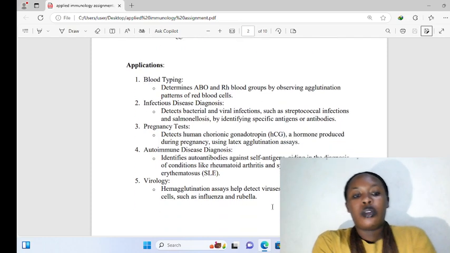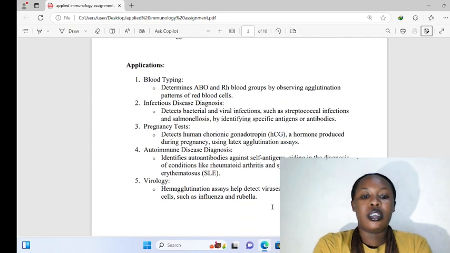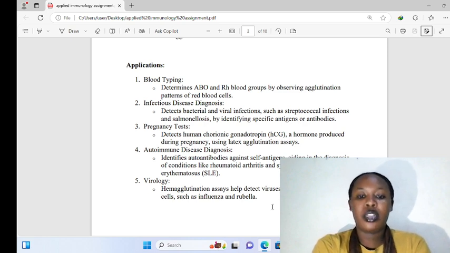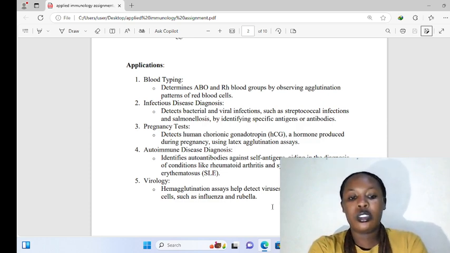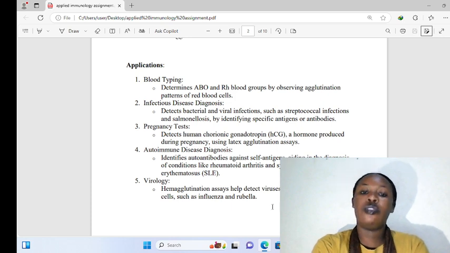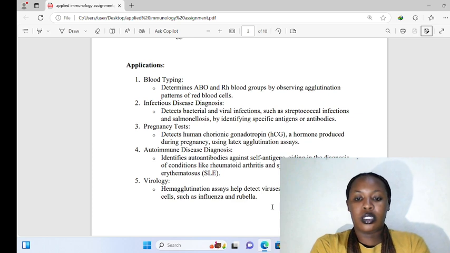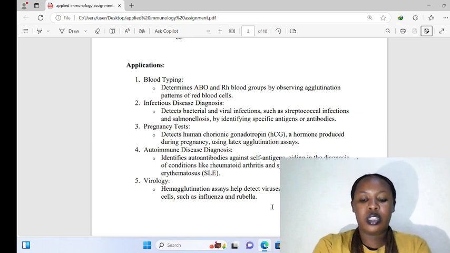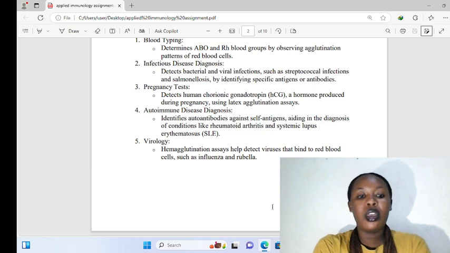So agglutination is applied in blood grouping like ABO and Rhesus grouping. It is applied in infectious disease diagnosis, like detecting bacterial and viral infections such as streptococcal infections and salmonellosis. It is also applied in pregnancy tests, where it detects the hormone called human chorionic gonadotropin, produced during pregnancy, using latex agglutination assay.